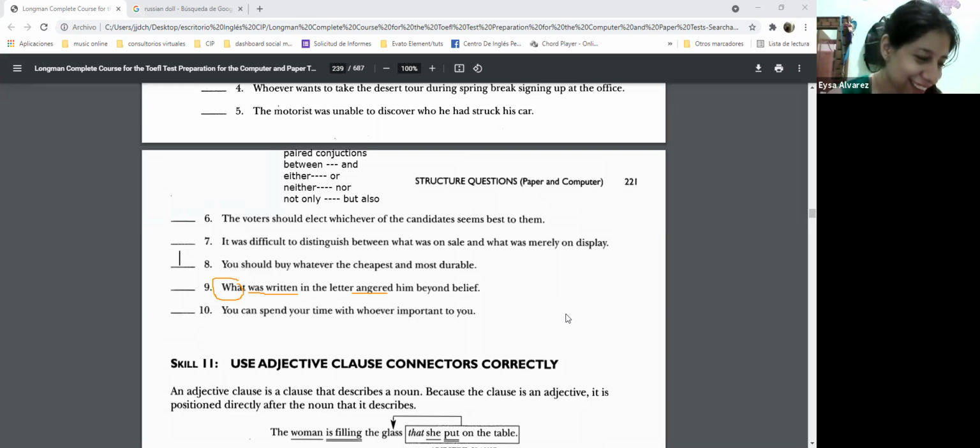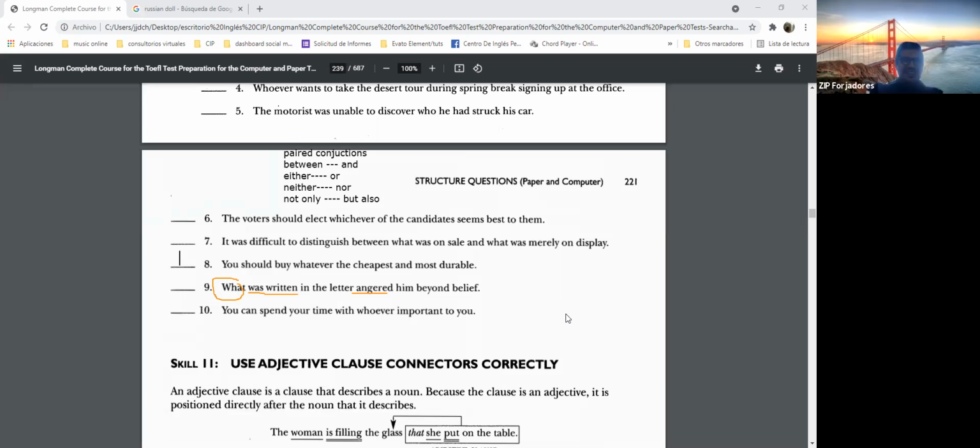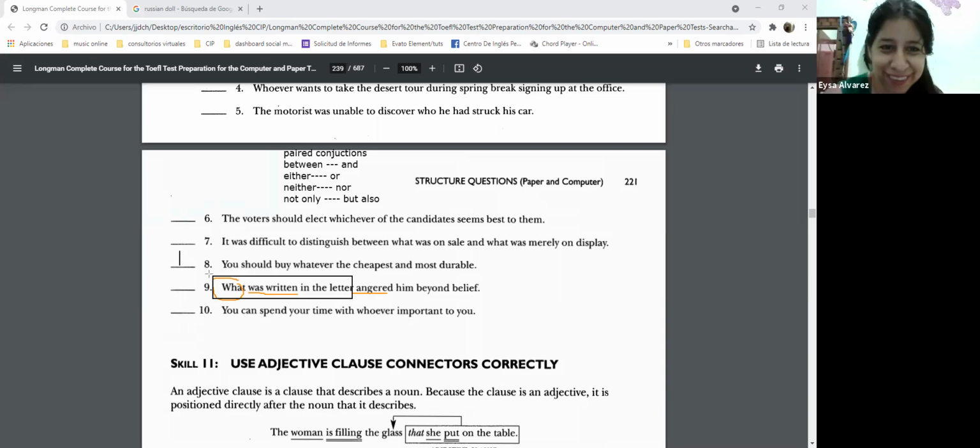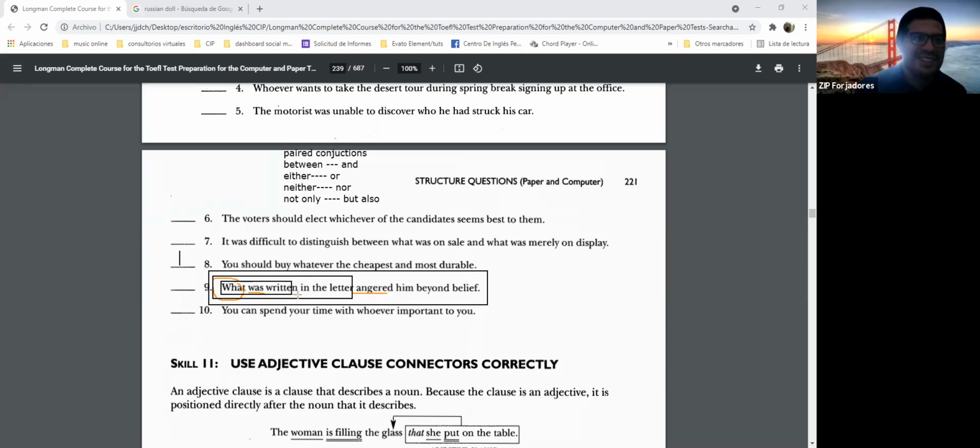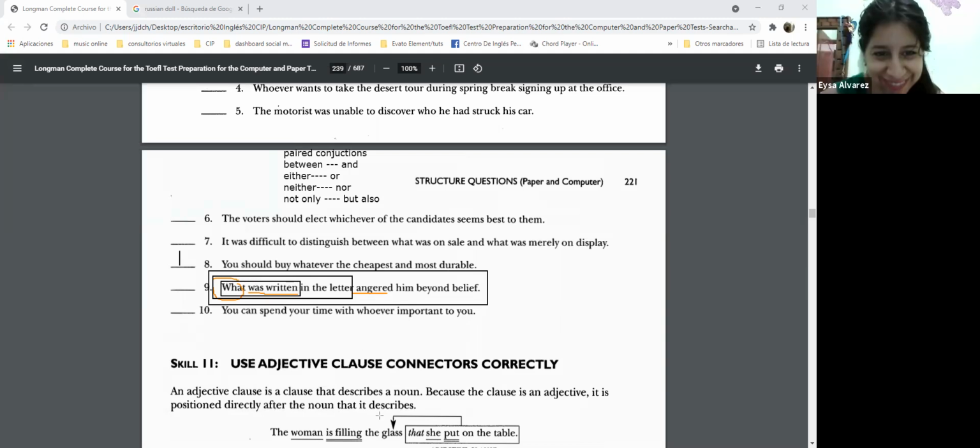So I think it's correct. That's right, it's correct. Very good. So this is the subject and this is the verb. Remember, Russian doll. It's a Russian doll. This one is this one.